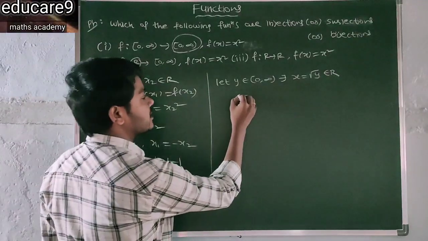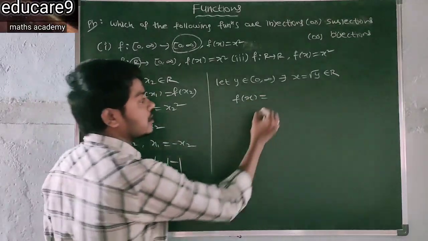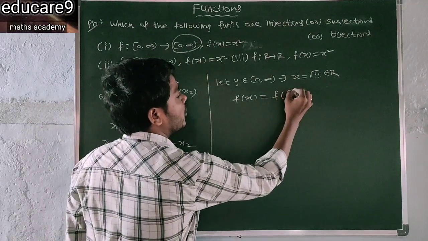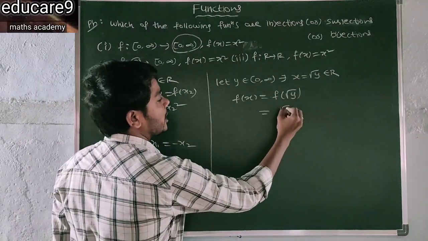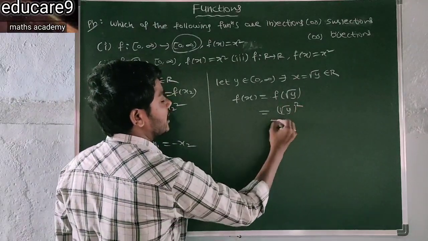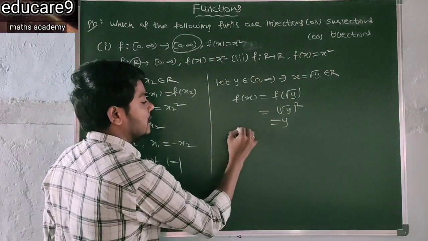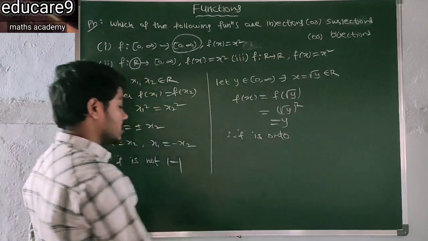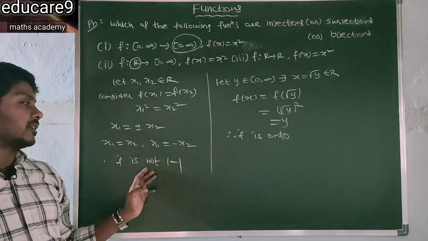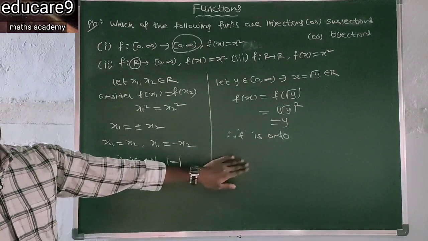Now clearly consider f of x, that is f of root y. Root y whole square, you get y. So f of x is y. Therefore f is onto. So clearly f is not 1-1, but f is onto. So clearly it is a surjection.